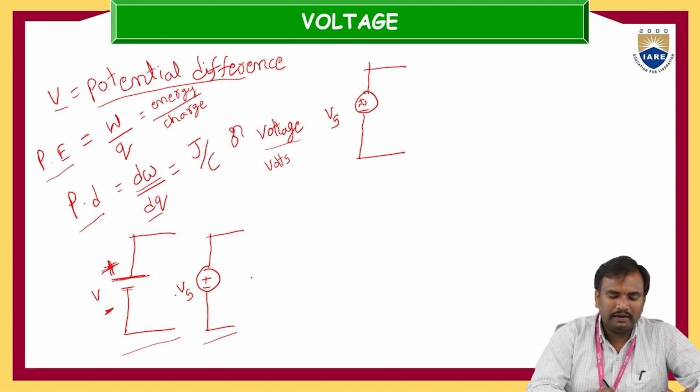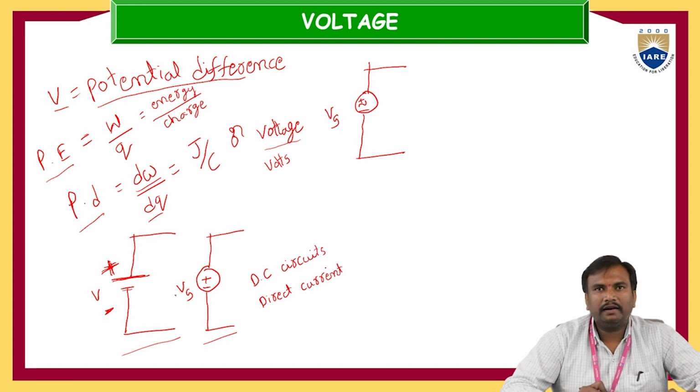These two are the examples for the voltage representation in DC circuits, where DC is direct current circuits.